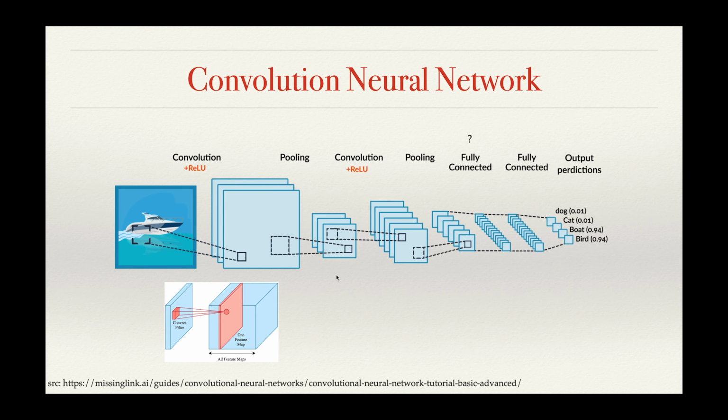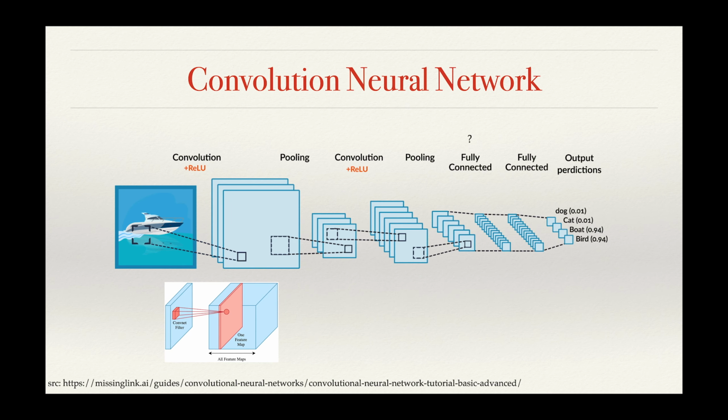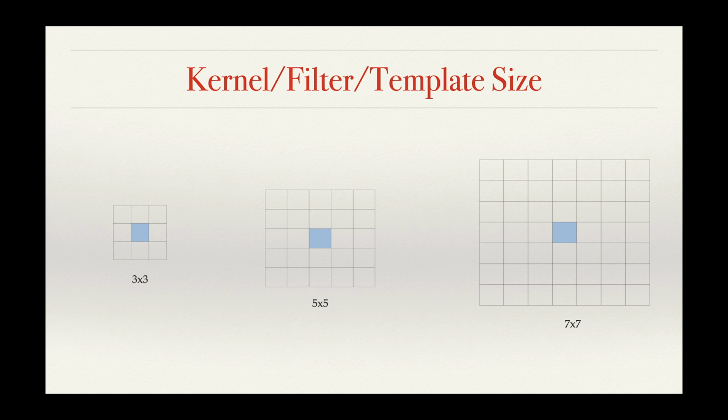We could also have batch normalization in between to normalize the batch, to increase the generalization and also to increase the learning speed. And at the end, we need to do fully connected. And after fully connected, of course, we have the softmax at the end to do the decision. So what are the main configuration parameters, or the hyperparameters, of your network?